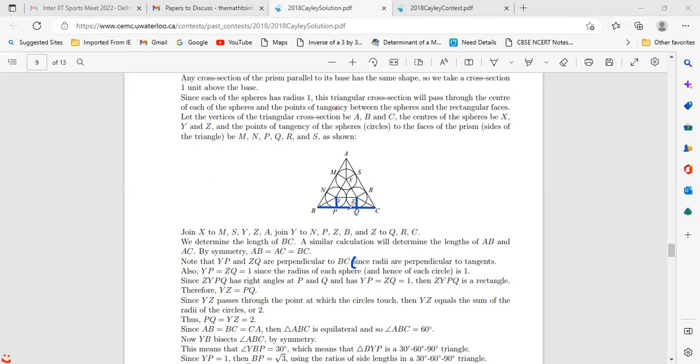This YP and ZQ is equal to 1 because the radius of the circle is equal to 1. From here to here, it is the radius of the circle. So YP is 1. And ZQ is also a radius of the circle, right? So it's going to be 1.